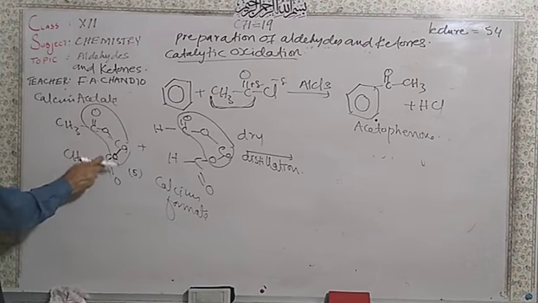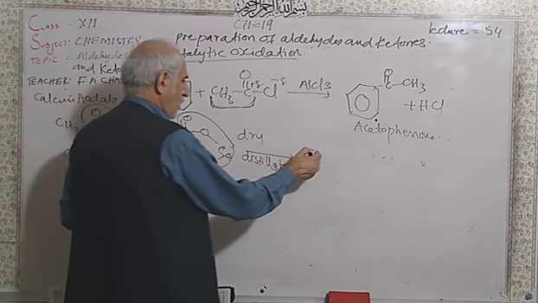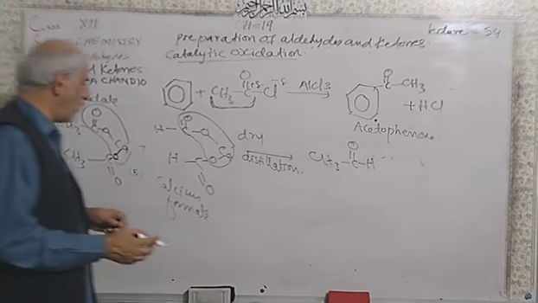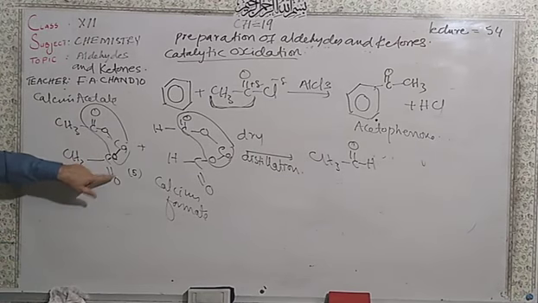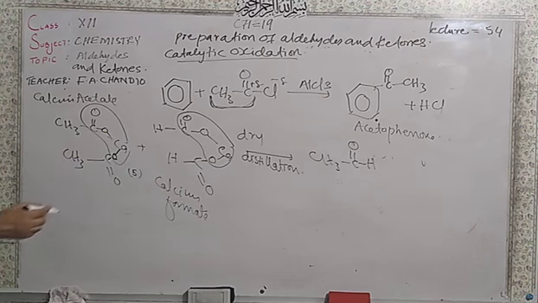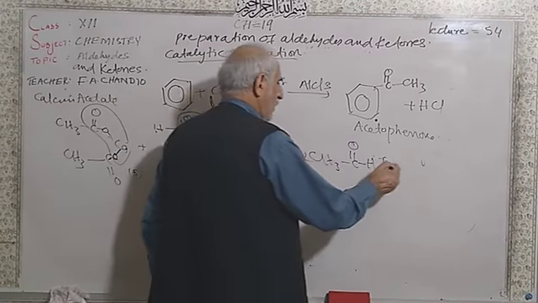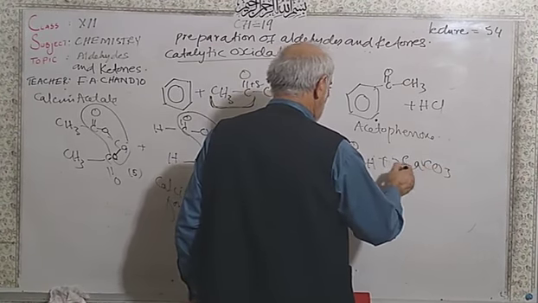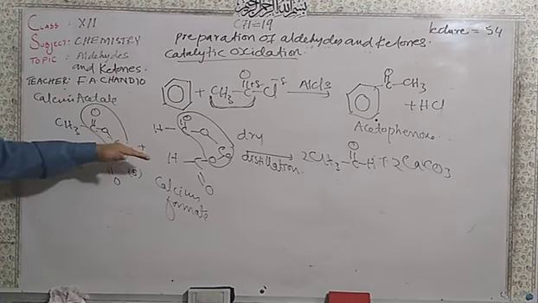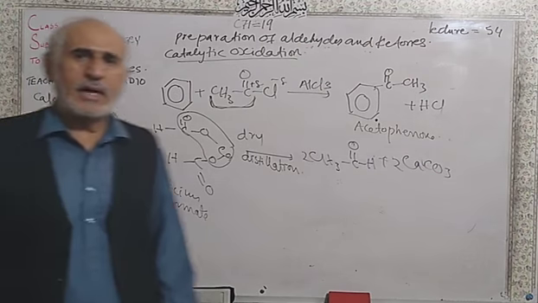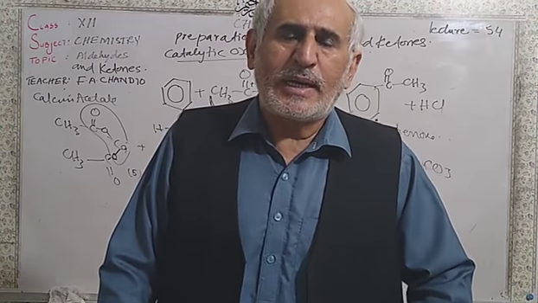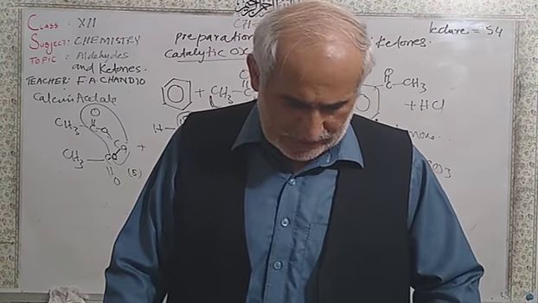This is CH3CO and this H. In this case, aldehyde is formed: CH3CHO, two molecules of aldehyde, plus 2 moles of calcium carbonate. So when you distill calcium acetate and calcium formate together, you will get aldehyde molecules. But if you do dry distillation of only calcium acetate, then you will get ketones.